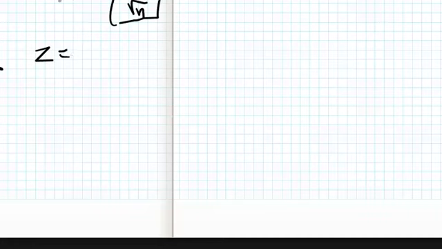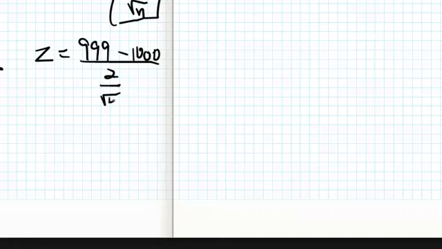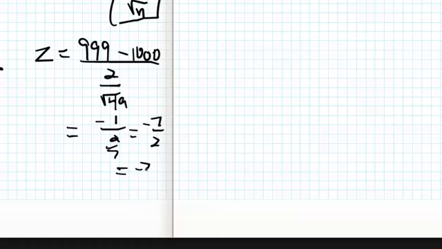The z value is equal to x bar, which I said was 999, minus 1,000, divided by 2 divided by root 49. Haha, you thought I just chose 49 randomly. It's because I'm lazy. All right, so what's that give me? Negative 1 divided by 2/7, which is affectionately known as negative 7/2, which is affectionately known as negative 3.5.